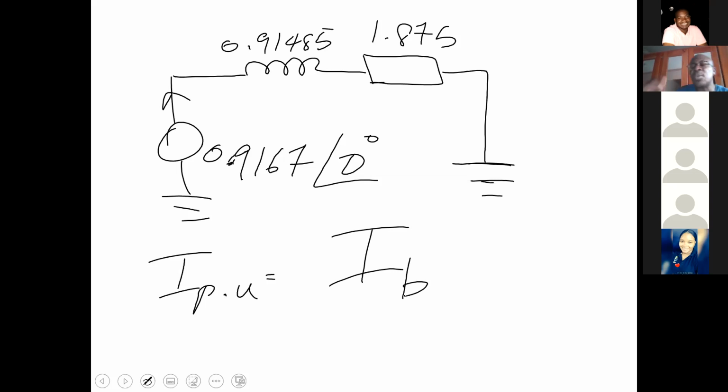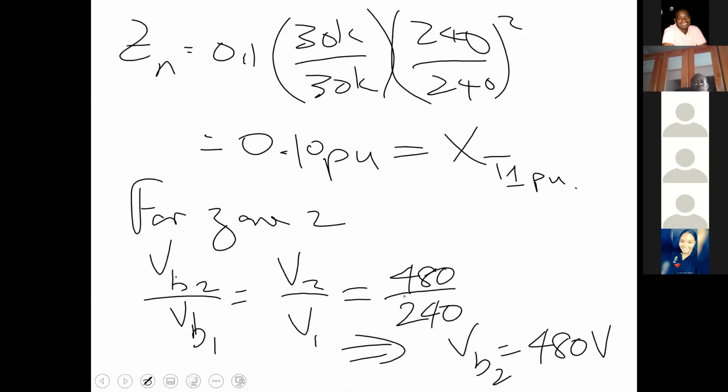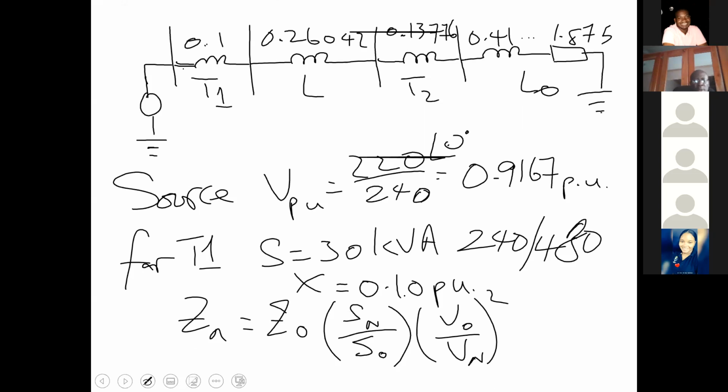And remember, the base current is dependent on V and S. All right? So, basically, let me just divide up the network.